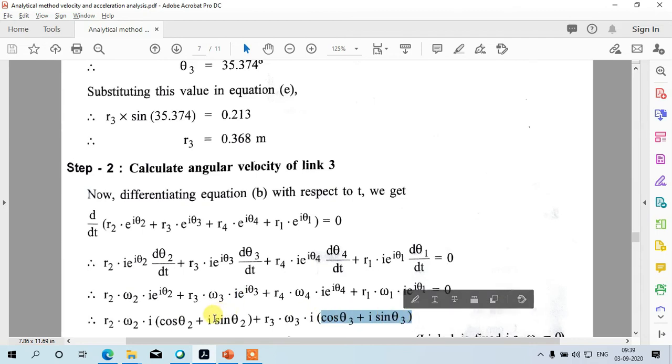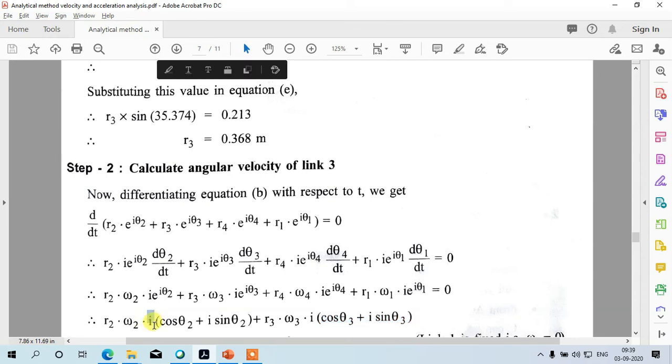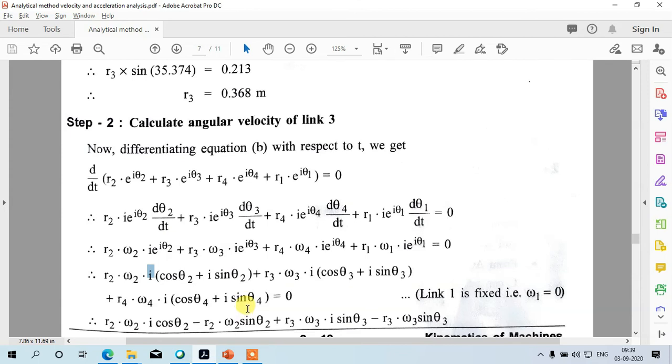Now open up the brackets and multiply this. If I goes inside this bracket, it becomes I cos theta 2 plus I square sin theta 2. And we know that I square is equal to minus 1. So that is the simplification: R2 omega 2 I cos theta 2 plus R2 omega 2 I square sin theta 2.